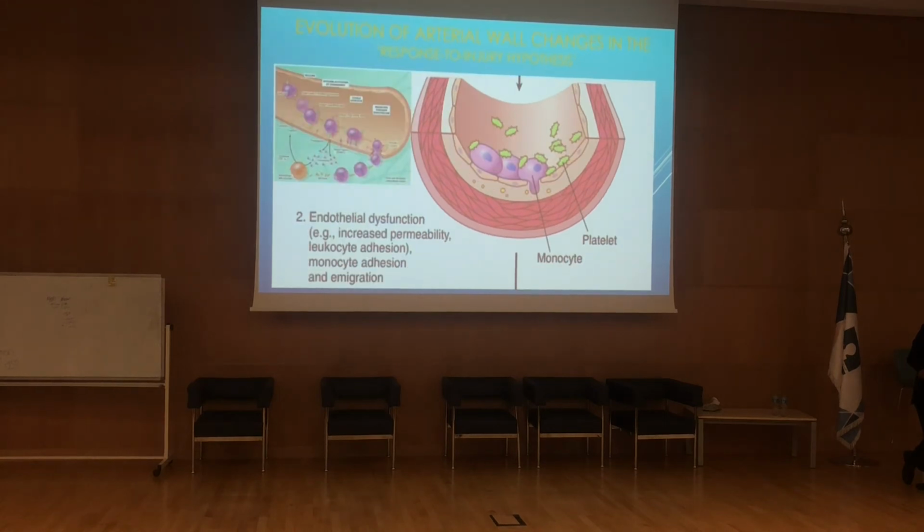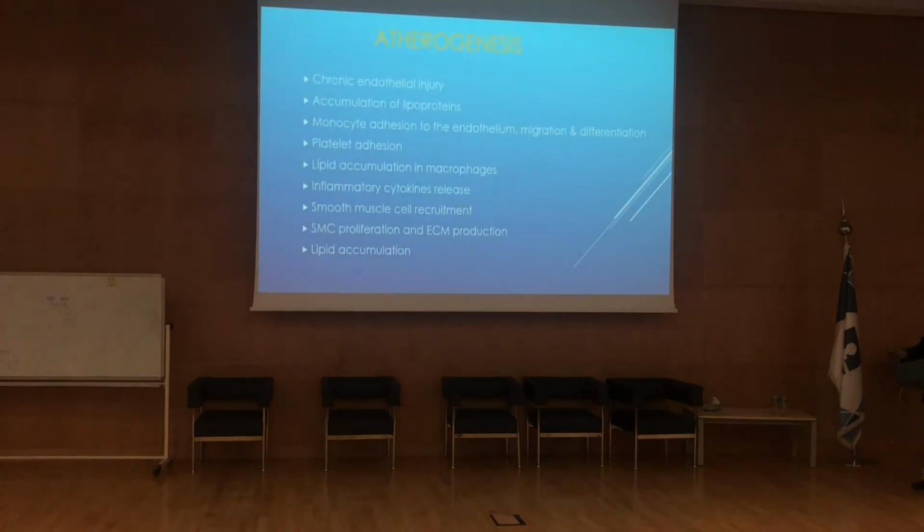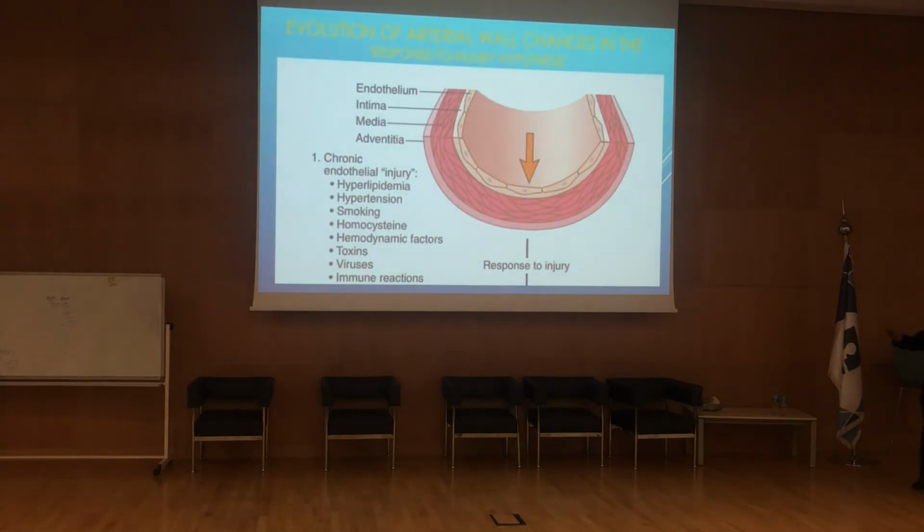Can we say that ROS, reactive oxygen species, also plays a role? Yes, it can. Inflammation usually secretes ROS, reactive oxygen species. This is one of the reasons which damages the endothelial cell.